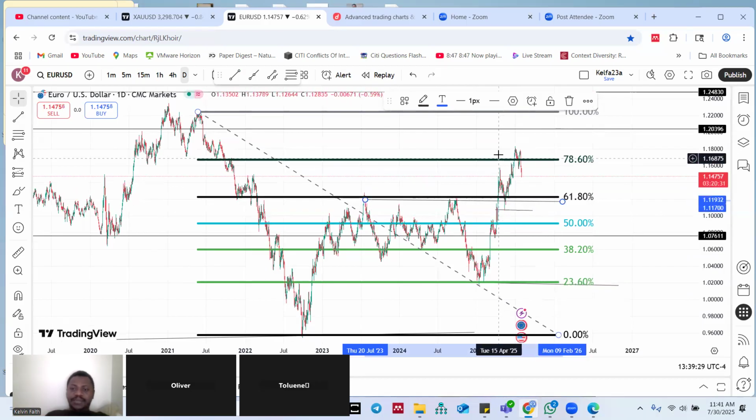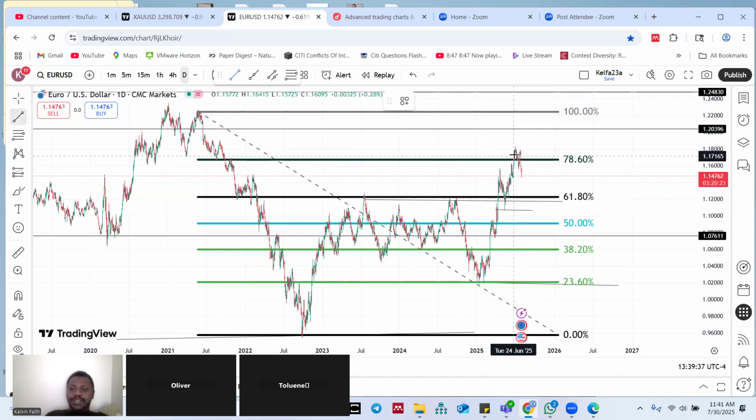Notice the moment it broke, it retested and pushed to the upside. So let's notice what is happening. Price pushing to the upside also took out the previous high here. So we are having high, low, high, low.